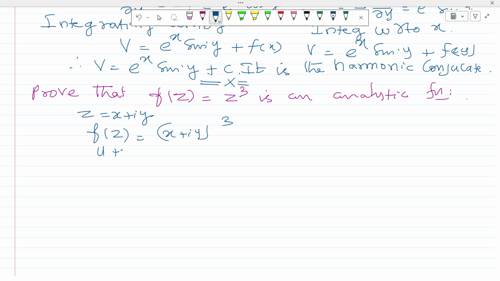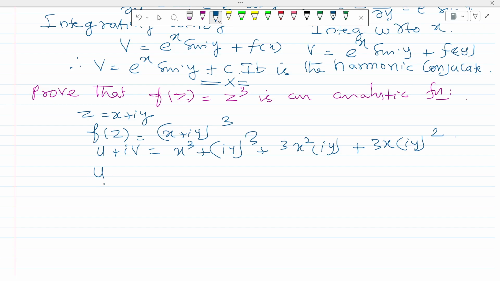Then yesterday we have done that, na? u plus iv equals x cube plus iy whole cube plus 3x square iy plus 3x iy whole square. Then what is u? What is v here?